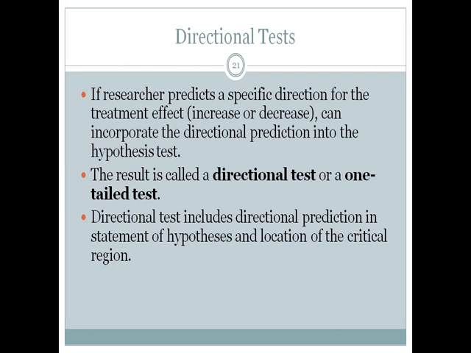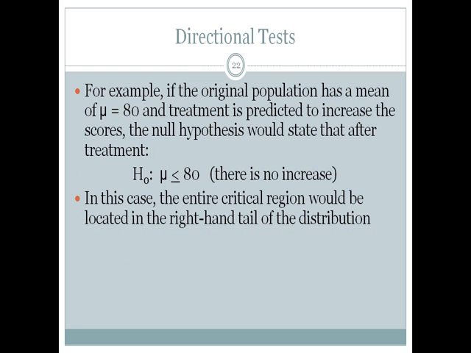So looking at that in mathematical notation, if the original population mean is 80, and a treatment is predicted to increase the scores of this population, then the null hypothesis would state that the mean after the treatment is less than or equal to 80, basically saying there is no increase.